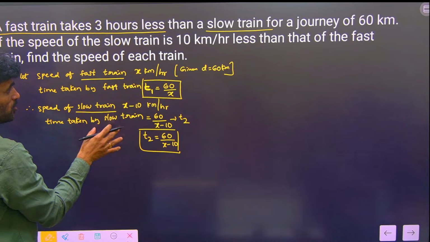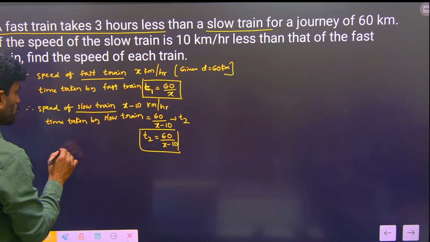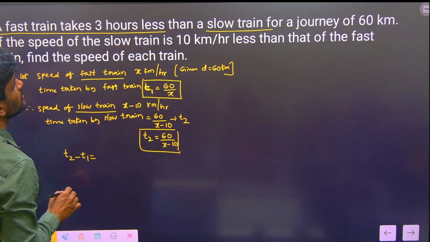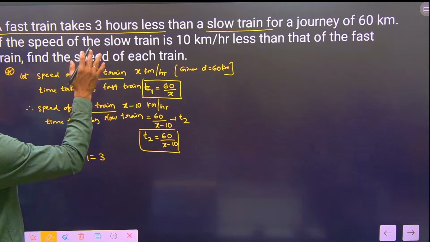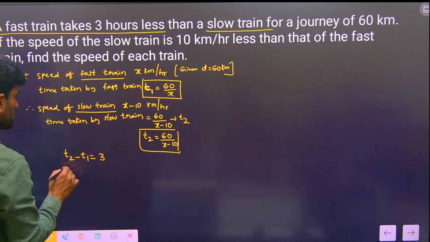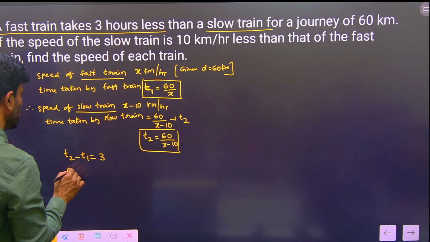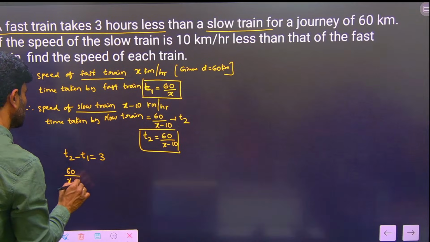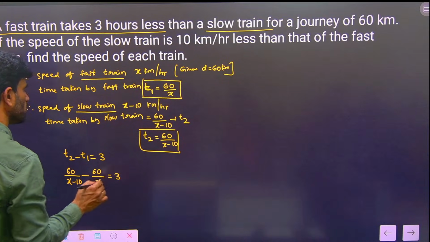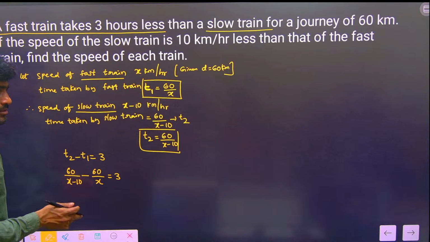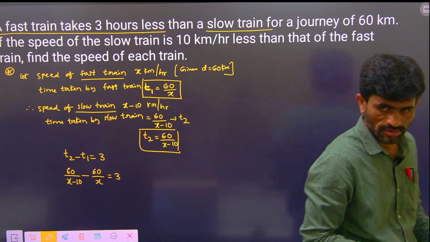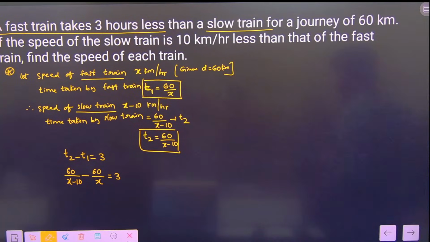So we have to do T2 minus T1. T2 minus T1 is equal to 3 hours, since it is taking 3 hours less. What is T2 now? 60 by x minus 10 minus 60 by x is equal to 3. After this, simplify and get the equation.